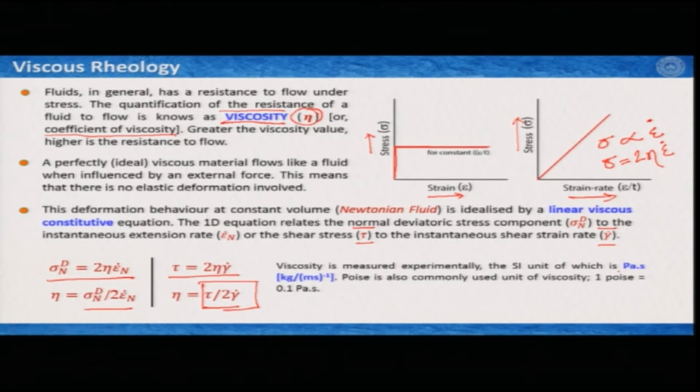So, the unit is Pascal second, or you can write it as kg per meter per second. There is also one unit of viscosity that people use frequently, it is Poise. Pascal second is the commonly used SI unit, but Poise is another unit, and 1 Poise is 0.1 Pascal second. So, that is the conversion of Poise to Pascal second.